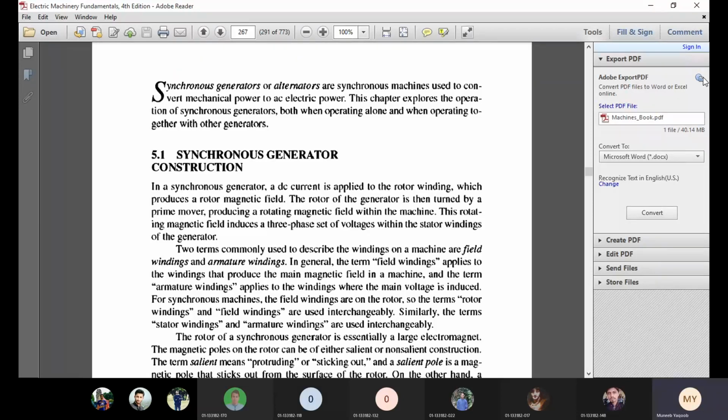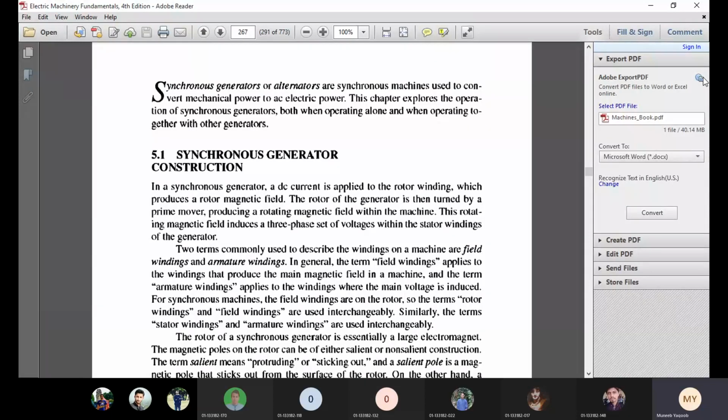the generator is rotating due to the rotation of the turbine, so we will say that this turbine is the prime mover. In your lab, whenever we perform an experiment related to the generator, we will rotate the generator with the help of another motor. Now if a motor is rotating the generator, then this motor is the prime mover.